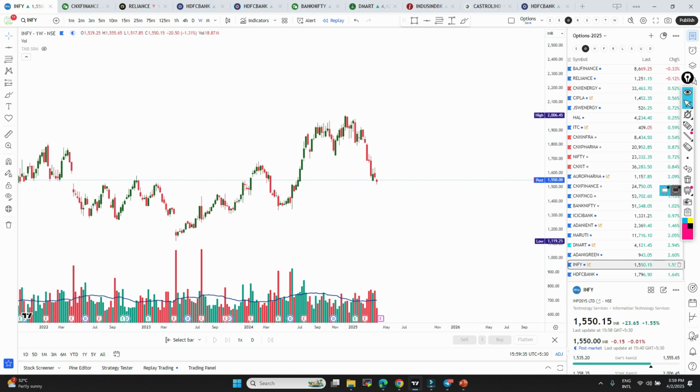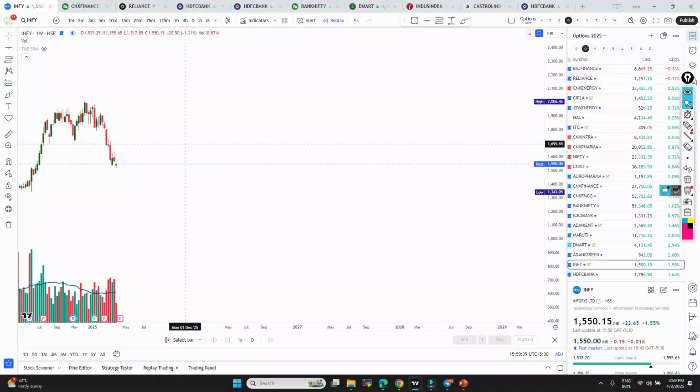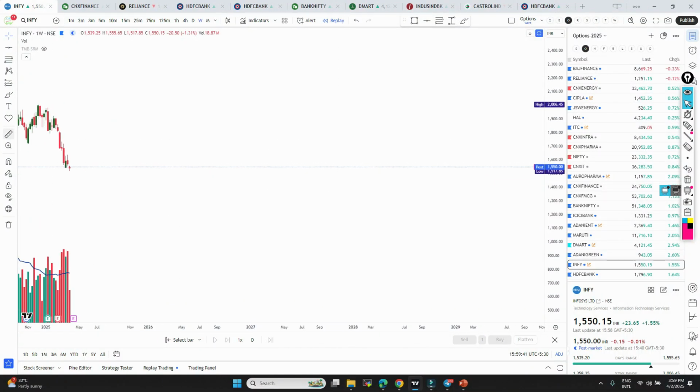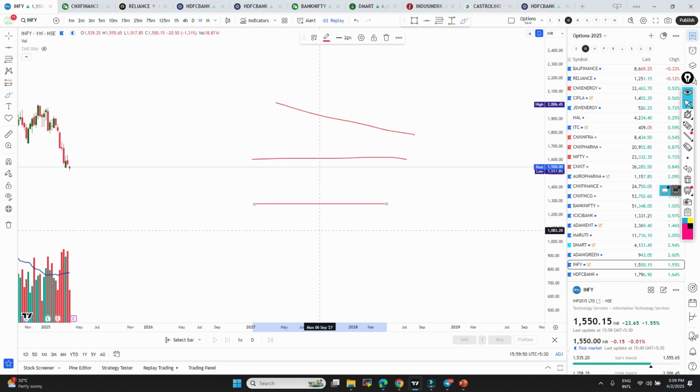I attempted the Nifty Infy trade, but this did not work out. So today what I am trying to tell you is finally the 200 moving average, CPR, R1, S1, along with the fractals.